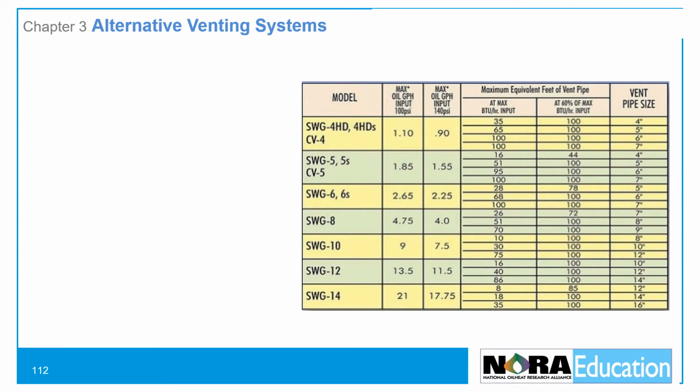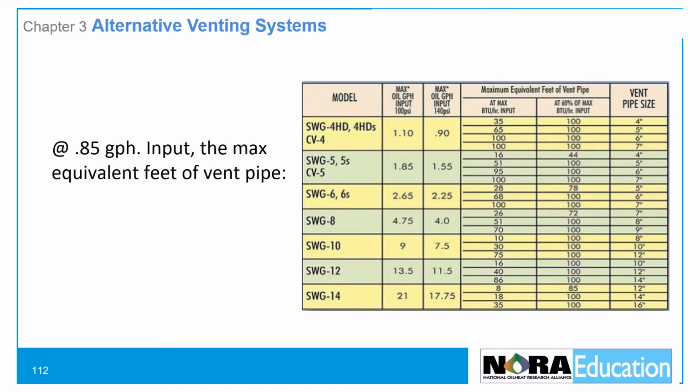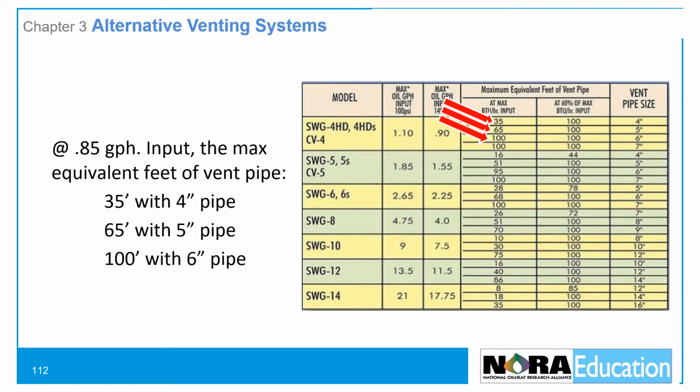This chart shows that the maximum equivalent feet for the SWG-4 model used with the burner firing at 0.85 gallons per hour is 35 feet if a 4-inch vent pipe is used, 65 feet if a 5-inch pipe is used, and 100 feet if a 6-inch pipe is used.